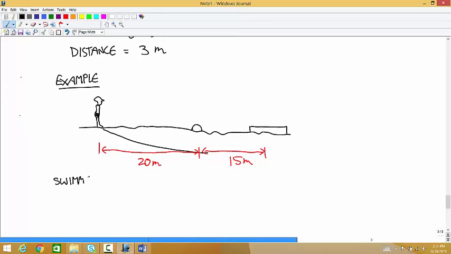And we'll say the swimmer goes from the shore to the buoy. No, let's skip the buoy. Goes from the shore to the raft in 60 seconds.